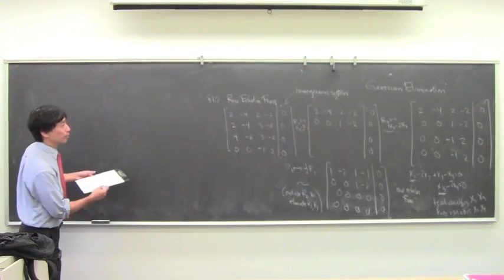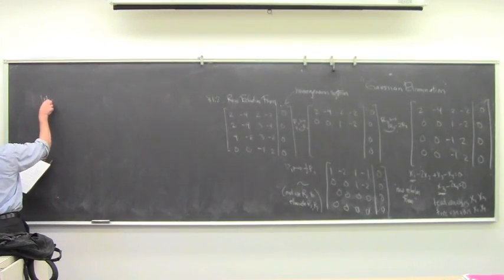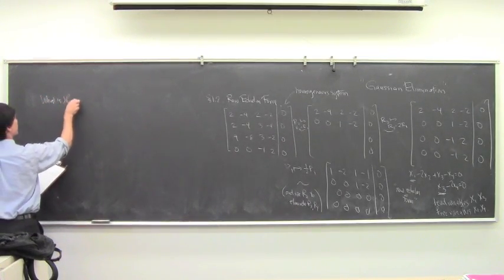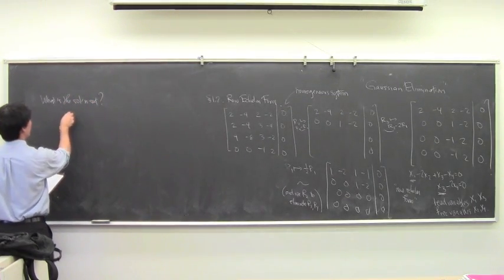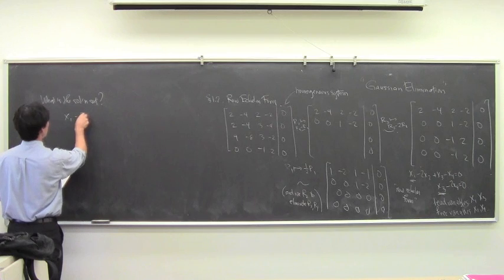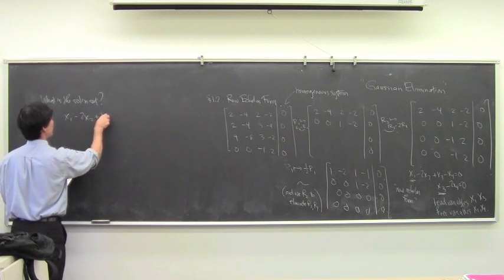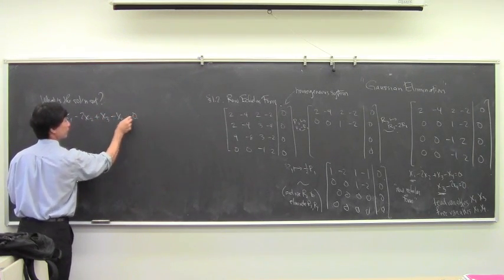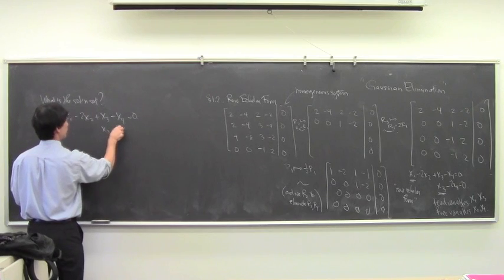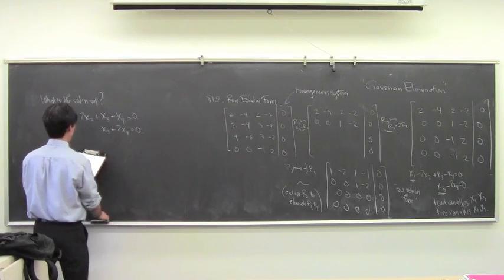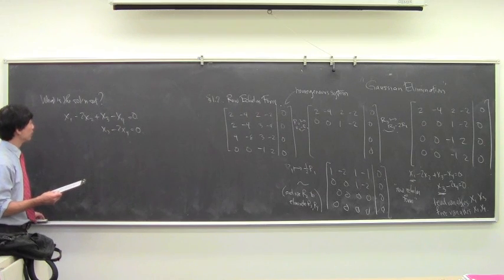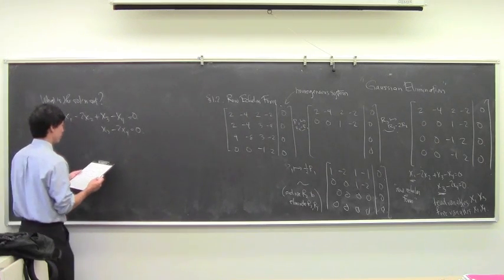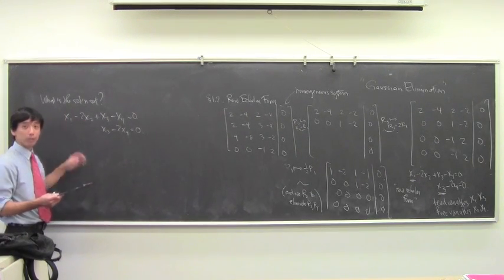So what's the solution set? Well, we have x1 minus 2x2 plus x3 minus x4 equals 0, and x3 minus 2x4 equals 0.